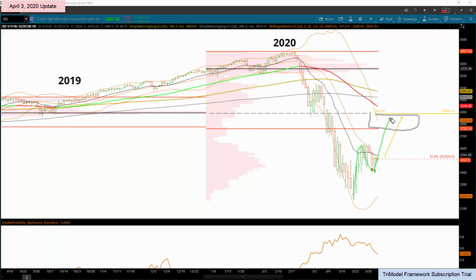I expect it to be A, B, C, D, E, a triangle. So you're going to have multiple attempts at breaking the lows, and every attempt will fail and will create a series of higher lows. That's my forecast. We'll see how it happens.